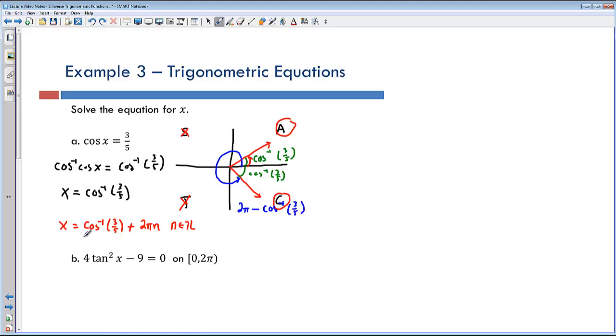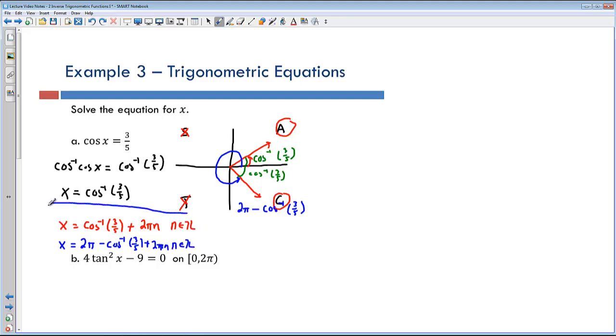And so another way to write this down, the second answer would be x equals 2 pi minus cosine inverse of 3/5 plus 2 pi n. And n is an integer.